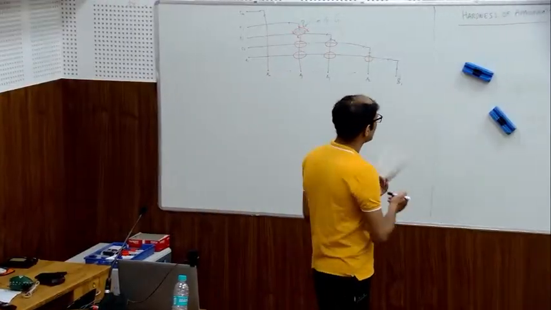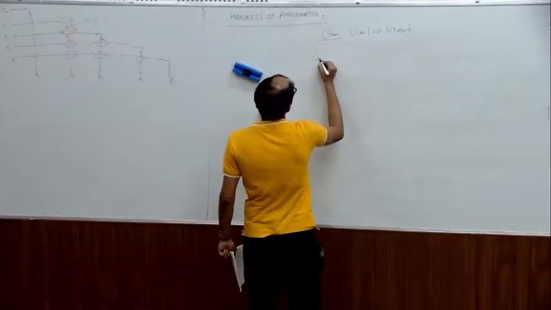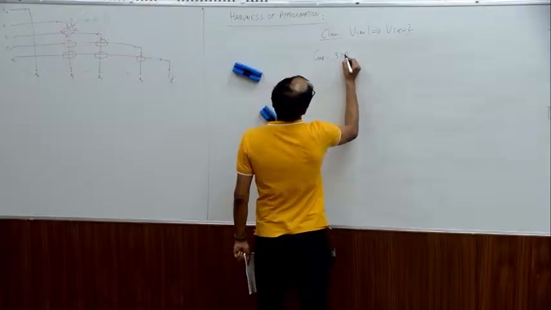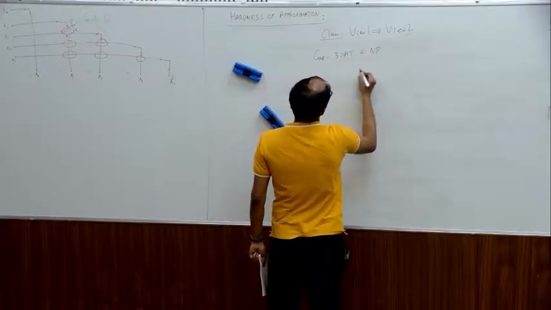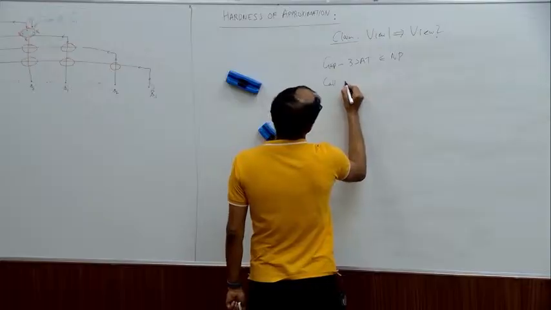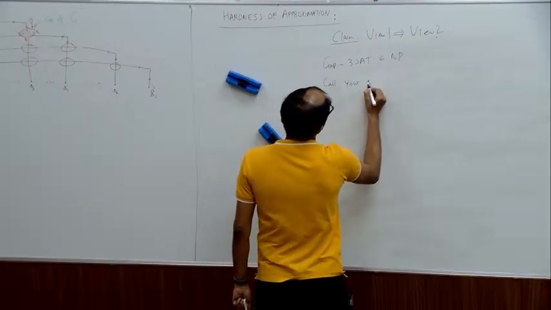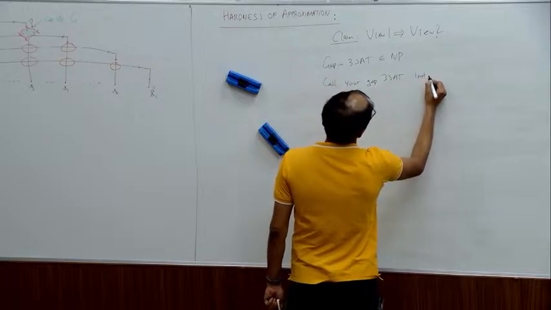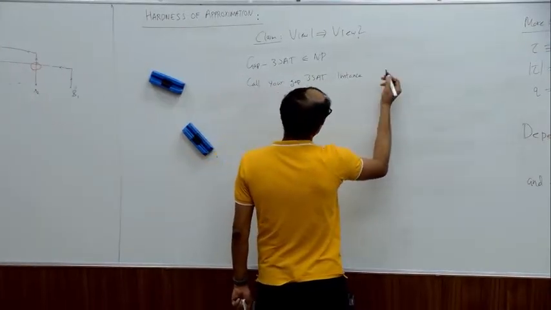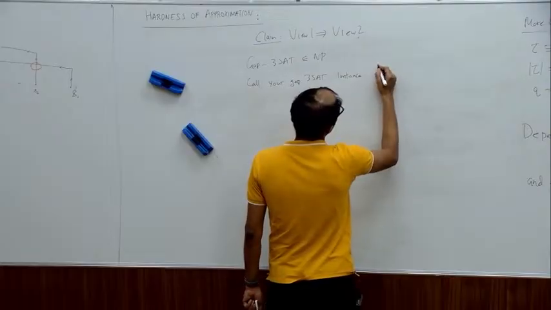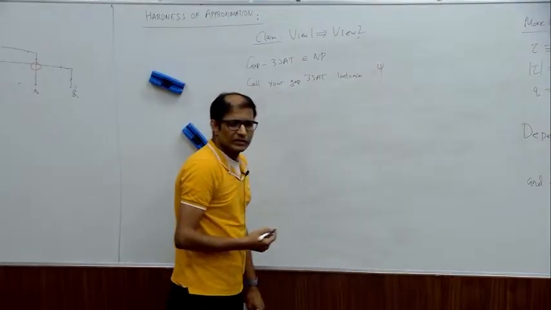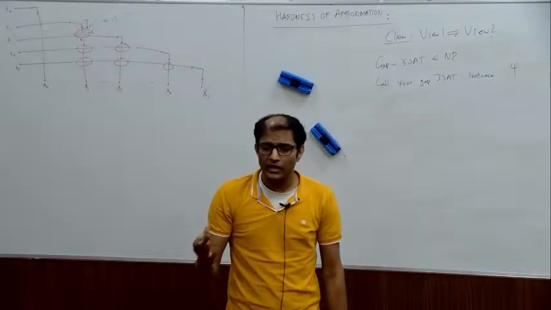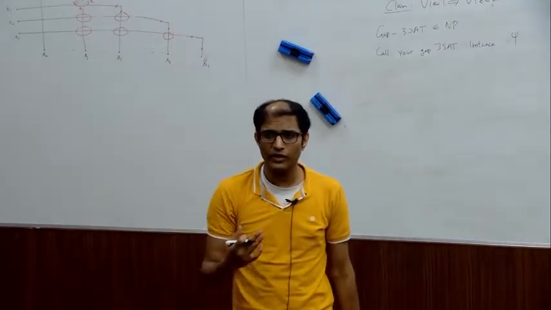So maybe I will start writing a few things. Call your gap 3 SAT instance psi. What we are going to do is start a dialogue between a verifier and a prover.